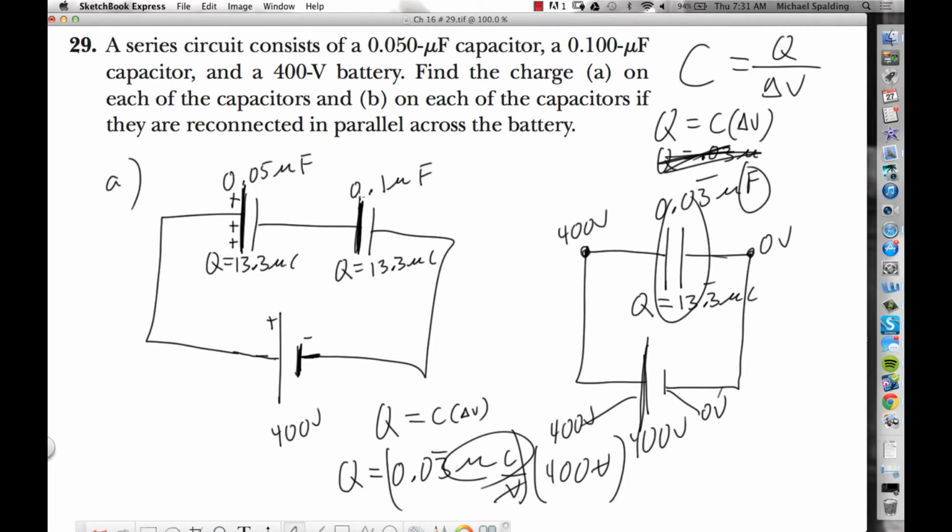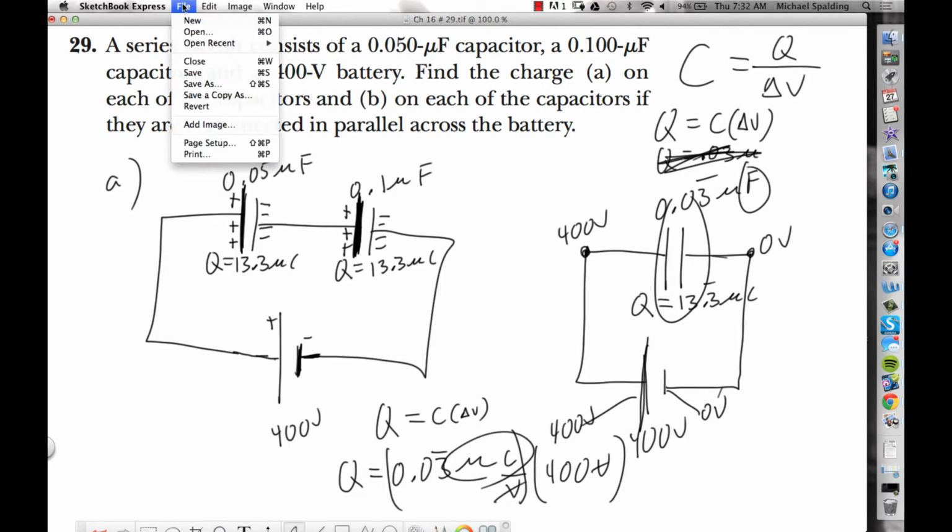The electrons on this plate right here get pulled over here because they're attracted to that positive, which leaves this positive. The electrons down here get pulled up, which makes that negative. Basically, there's a shuffling of electrons. The electrons all shuffle over, and the end result is that capacitors in series end up with the same charge on them. I don't know if I explained that very well. The electrons just kind of shuffle over.